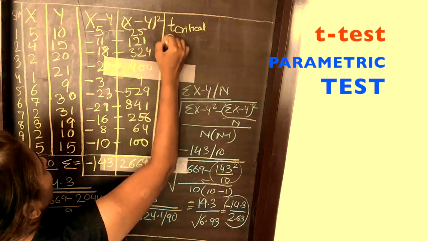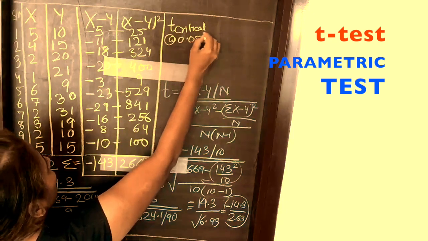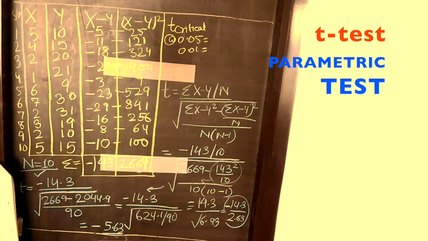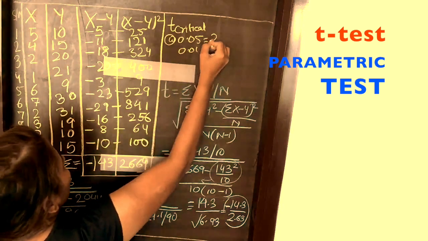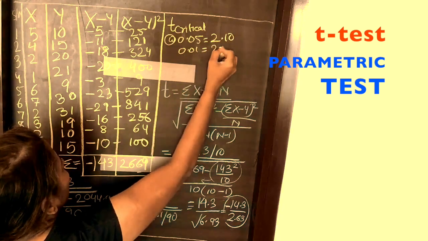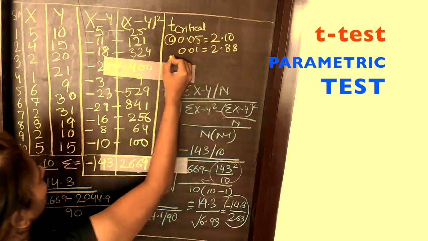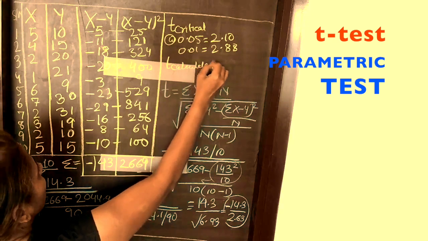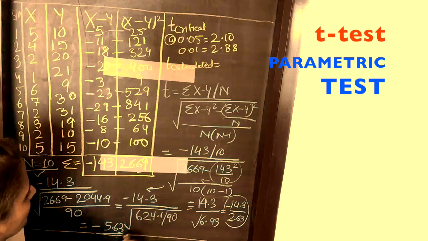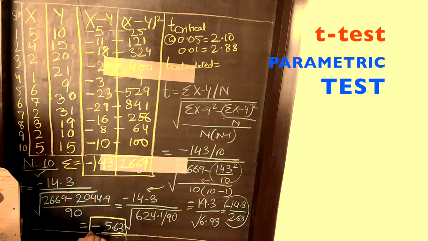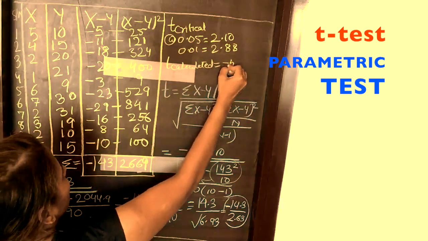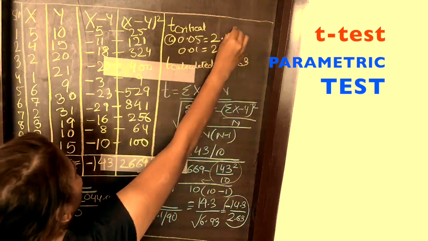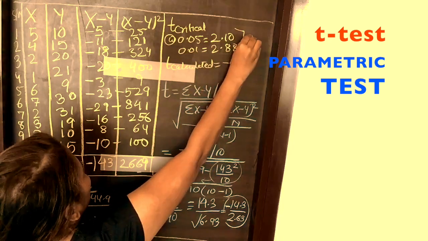So we need to look into the critical value of t at 0.05 and 0.01 so that we can do our interpretation. So the critical value at 0.05 is 2.10 and 0.01 is 2.88. Now we notice that the calculated value, that is minus 5.63, if we compare it with both the critical values, it's lesser than the critical values.